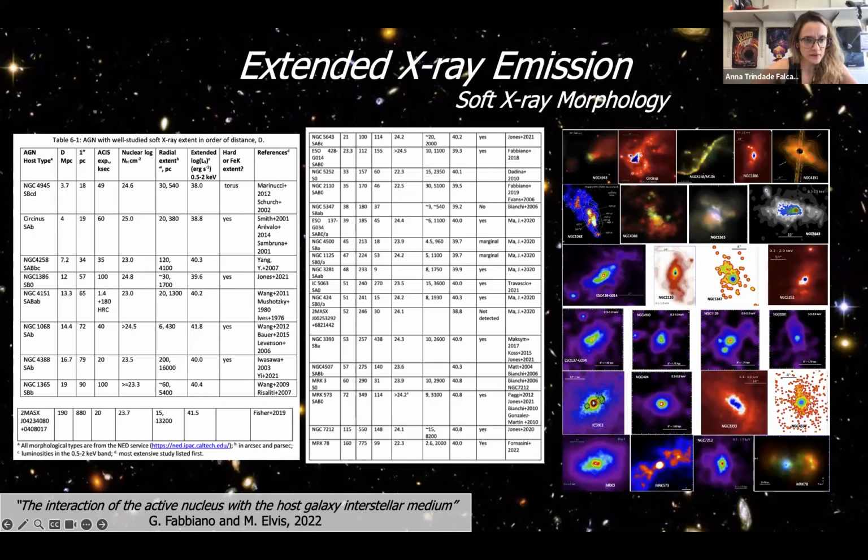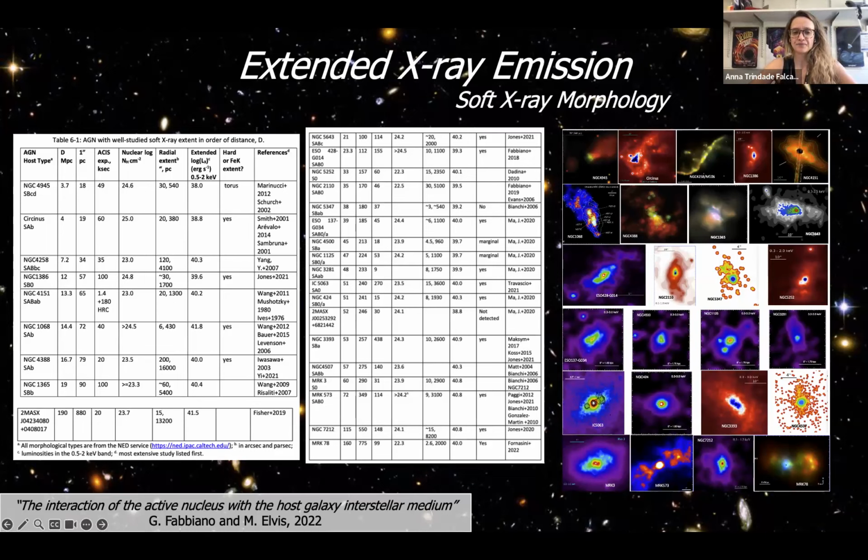I hope you can see that the structures seen in these galaxies range over a factor of 100 in their physical sizes, from 30 parsecs all the way to 3 kiloparsecs.